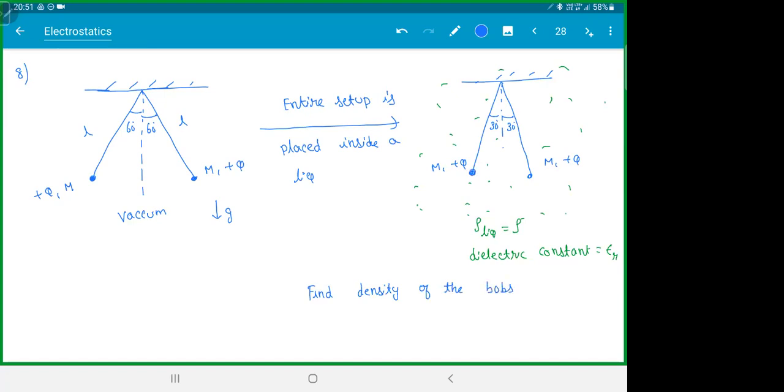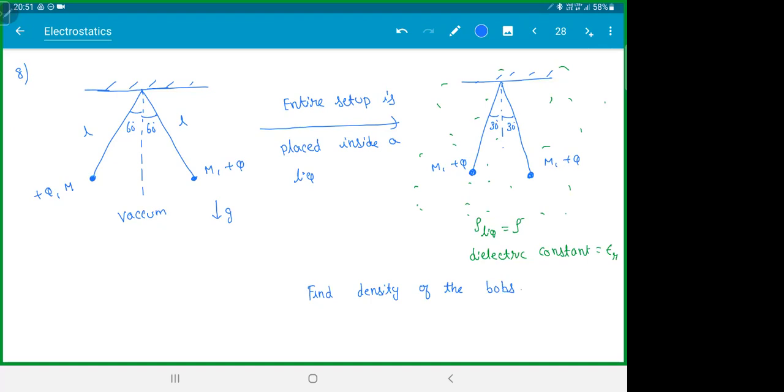So what is the density of these masses M here? Think about what is happening here. It's a good one. We have two pendulums suspended at the same point. They're in equilibrium. Angle is 60, 60.